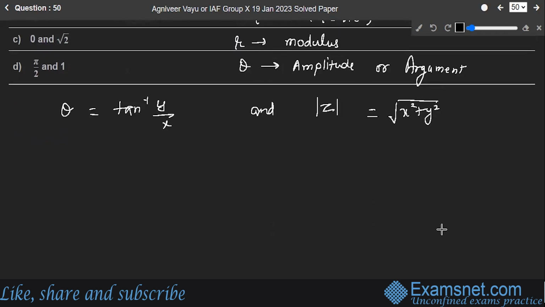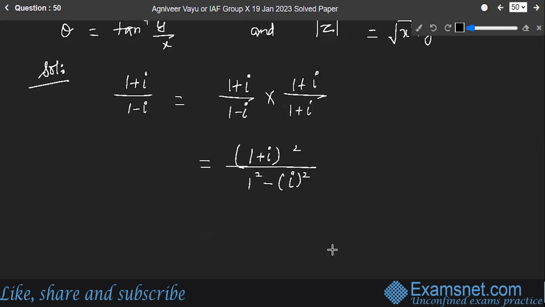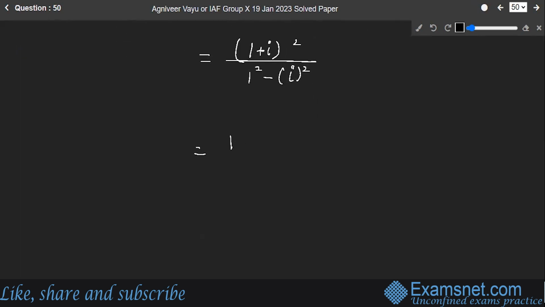Now let's move towards our problem. We have to solve (1 plus iota) upon (1 minus iota). This is equal to (1 plus iota) upon (1 minus iota), multiplied by (1 plus iota) upon (1 plus iota). This is equal to (1 plus iota) square upon (1 square minus iota square), which is equal to (1 plus iota square plus 2 iota) upon (1 minus iota square).